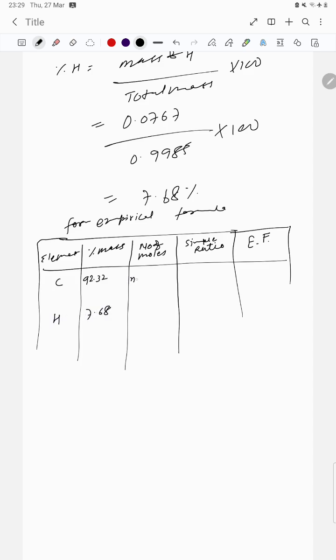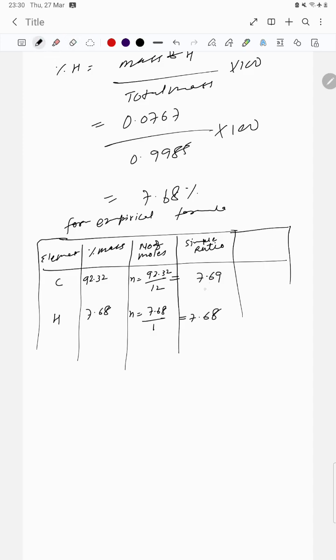So for the number of moles, given mass 92.32 upon 12 molar mass, and here 7.68 divided by hydrogen atomic mass, which is 1. So here the number of moles is coming, student, 7.69, and here 7.68. This is the ratio, student.